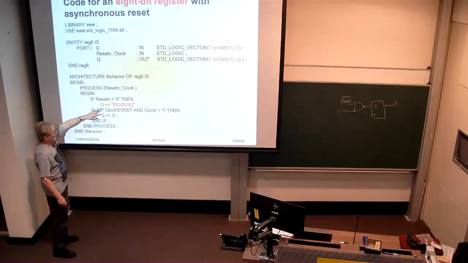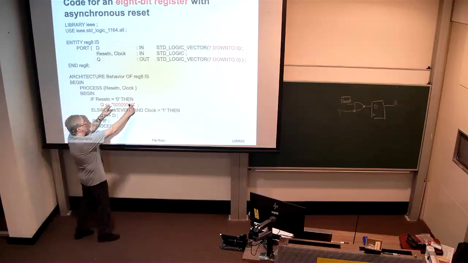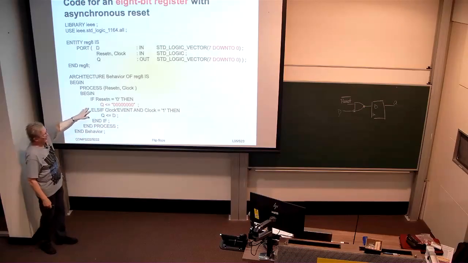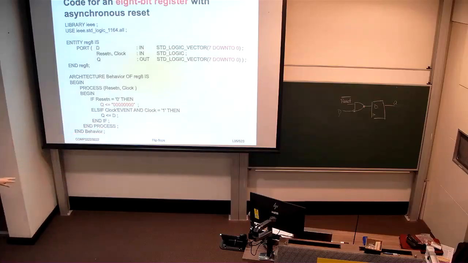If there's a reset, then all of the bits of Q have to be cleared, and because it's a multi-bit vector, that has to be double quotes surrounding that constant value. Otherwise, if it's an active clock edge, assign the vector D to the vector Q. Okay? All good?